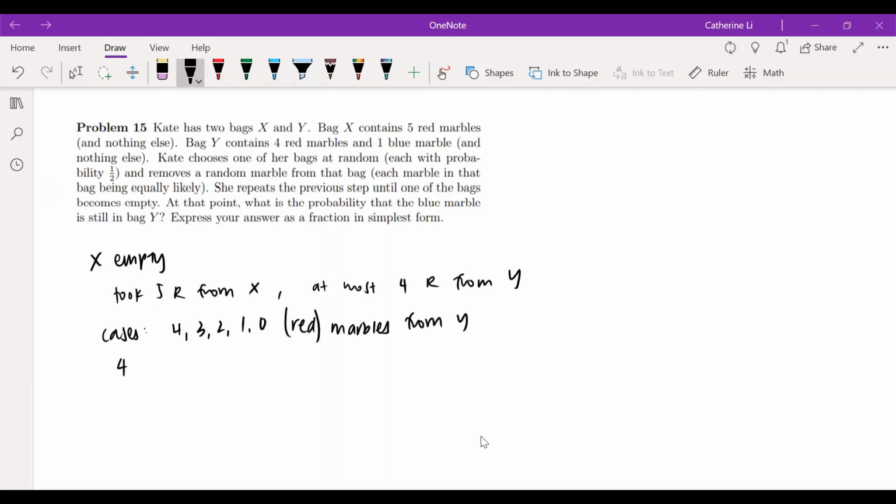So if there were 4 that were moved from Y, there are 8 choose 4 ways to order the marbles. And then we needed to choose Y 4 times, so 1 over 2 to the 4th.